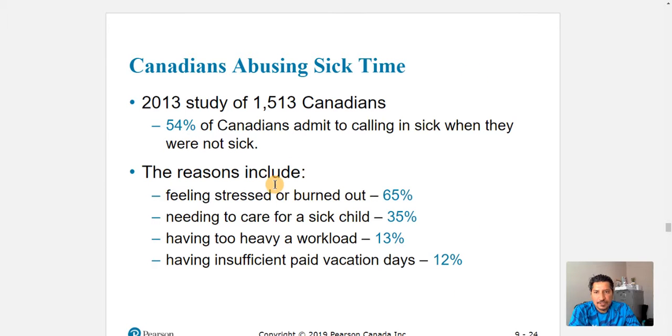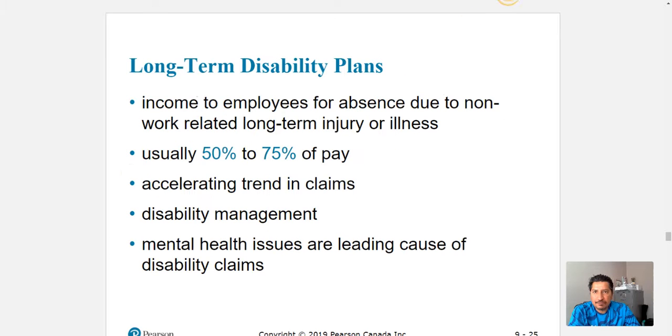Being an HR, you need to look at those numbers. If the sick time is getting too much, you can work on the number of vacation days you offer, so hopefully they will not call in sick and won't abuse the sick leave.